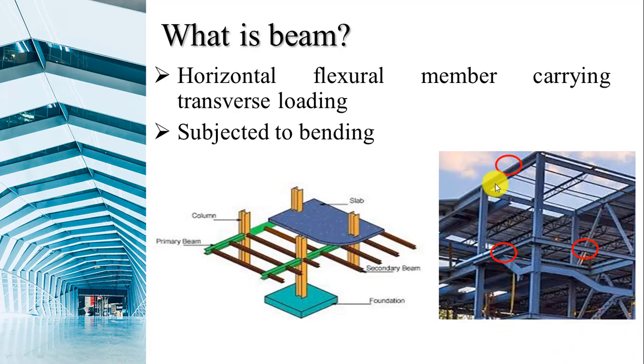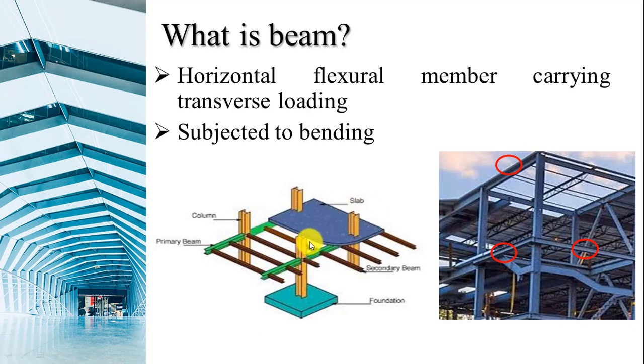In this steel structure, these horizontal members carry the load in the vertical direction, meaning they are carrying the transverse load, and that is why this is referred to as the horizontal member which carries the transverse load. Because of the transverse load they experience bending, and these structural members are called beams.